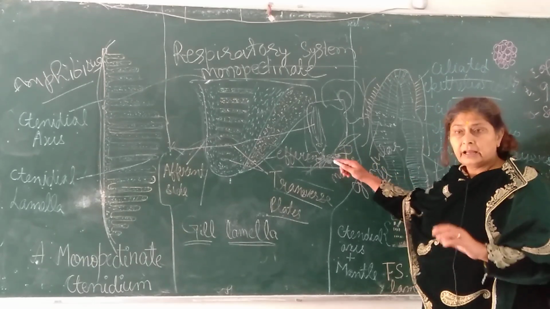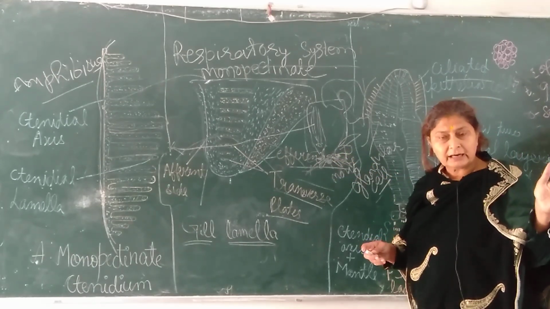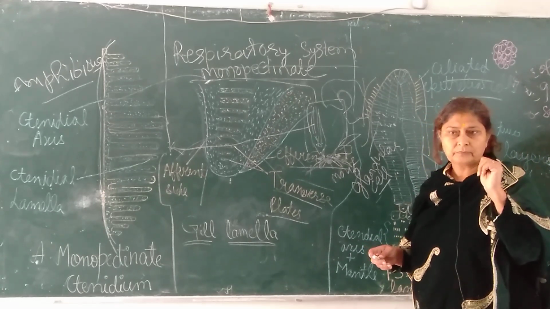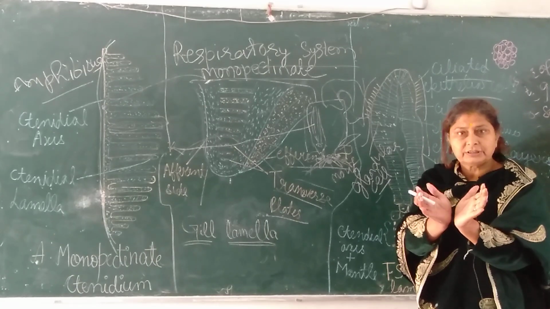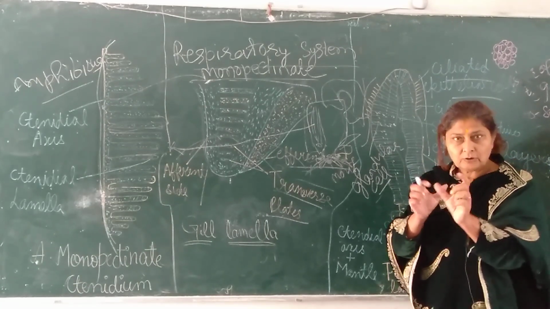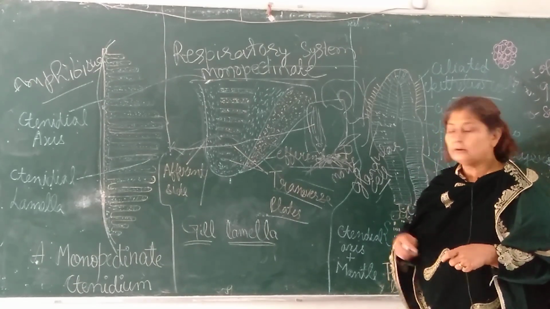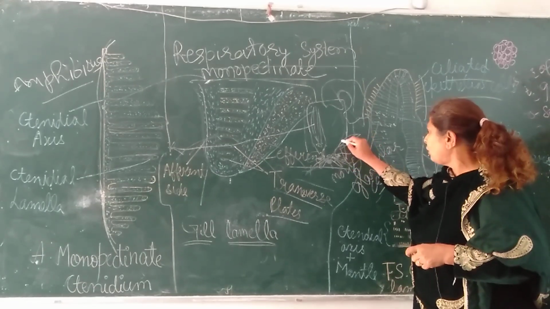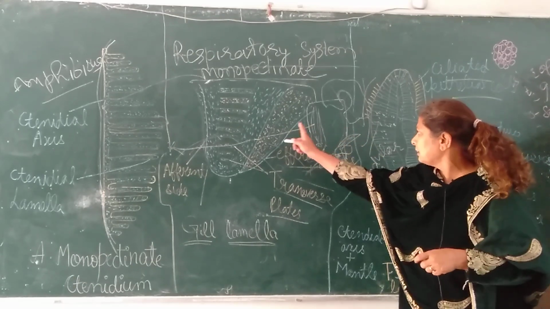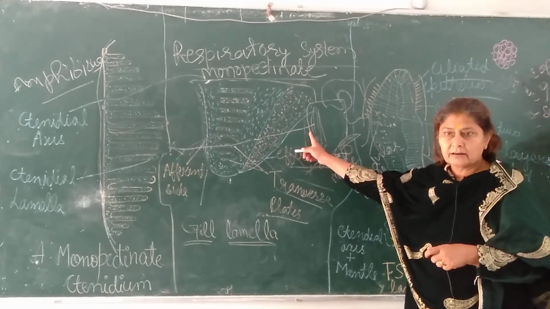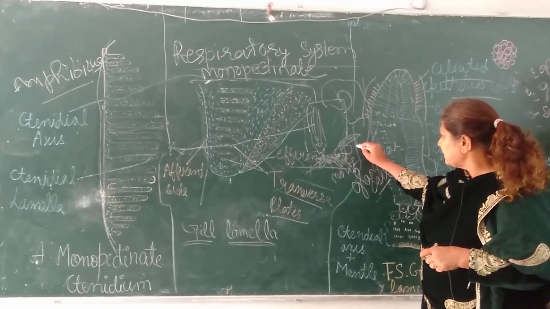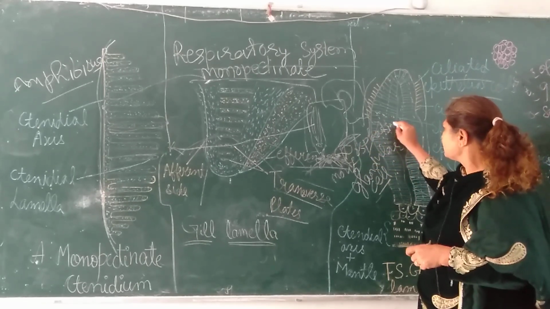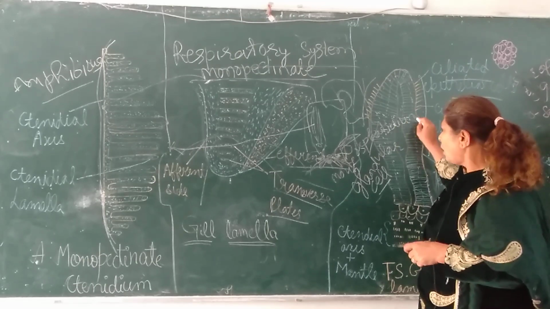Here it is flap-like, but at the time of functioning it becomes a tubular part. It takes a funnel shape so that water can enter here. Why does water enter from here? Although the branchial chamber is there, there is one osphradium structure, a leaf-like structure, called the osphradium.